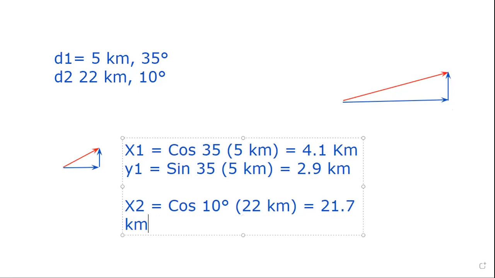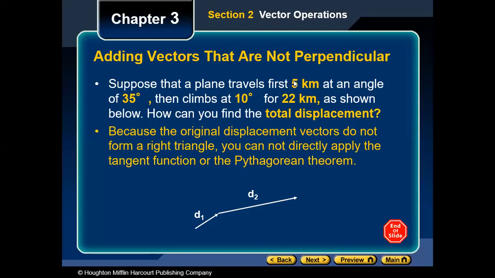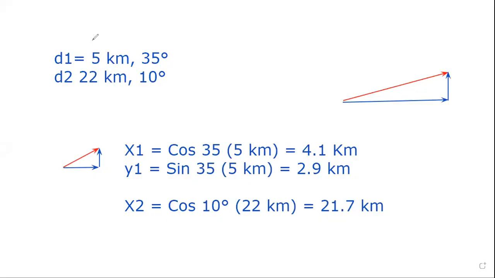Notice that we have 3 significant figures there. The numbers they gave us have just 2 significant figures, so we're going to stick with 22. Let me change this 21.7 to 22 kilometers.